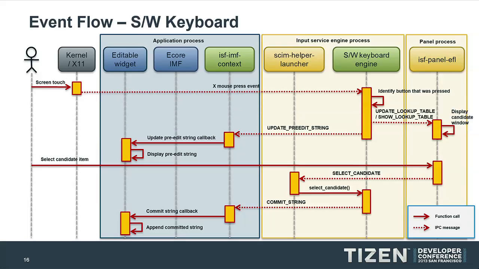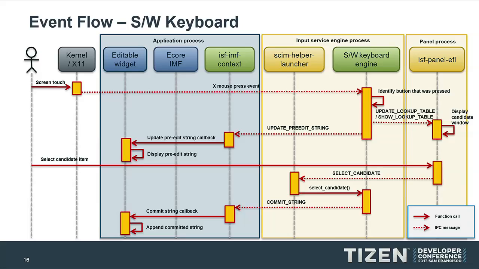Okay, that was the case for the hardware keyboard, and let's have a look at the software keyboard. Similarly, if the user just touches the screen, then the mouse event will be delivered to the software keyboard engine directly, and then the software keyboard engine will just identify which button was pressed.